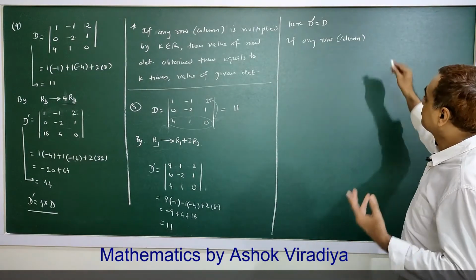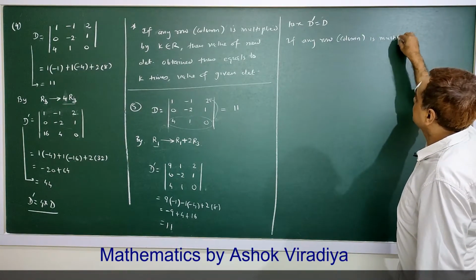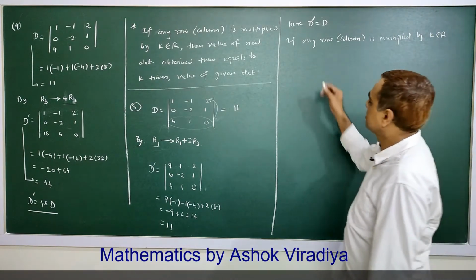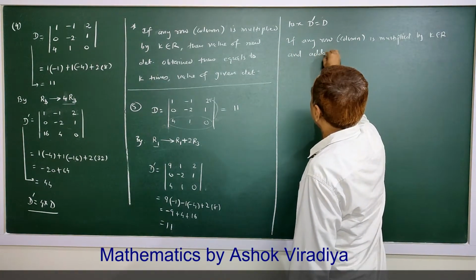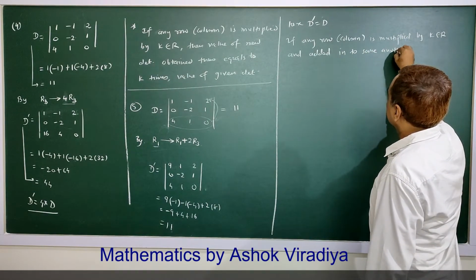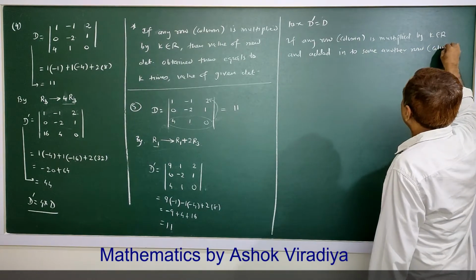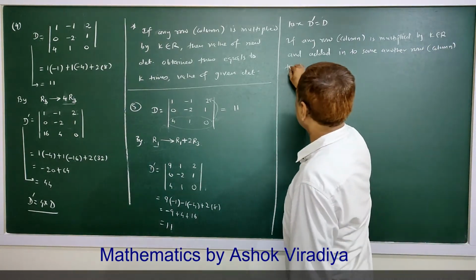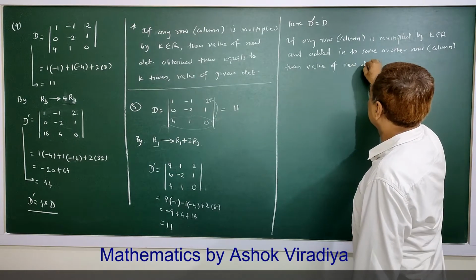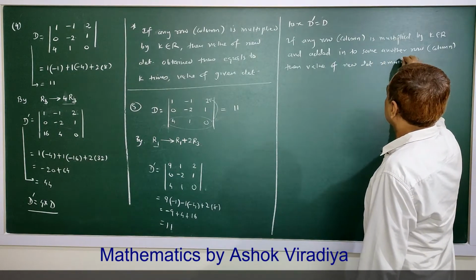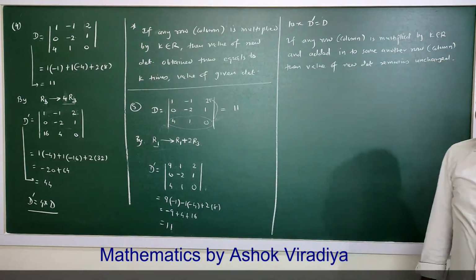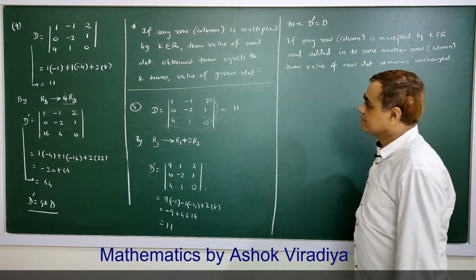So if any row or column is multiplied by k and added into some other row or column, then the value of the new determinant remains unchanged.